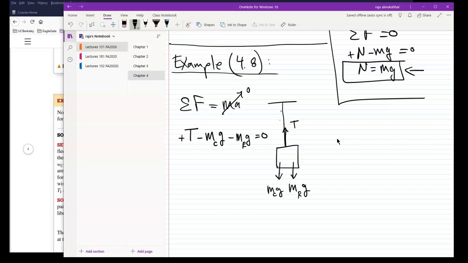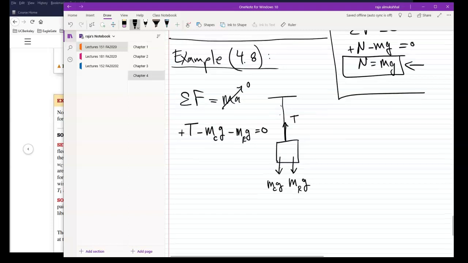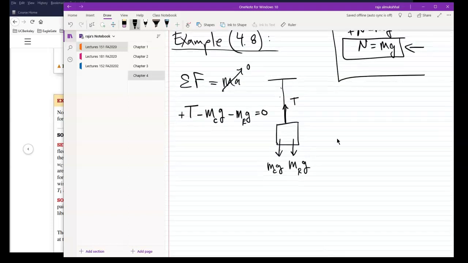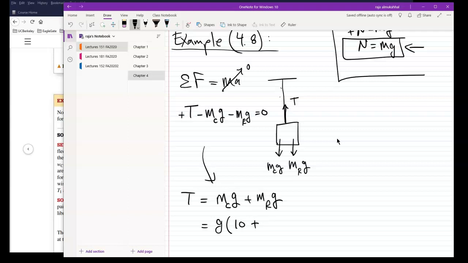He wants to know what the tension is in this case. Would the tension be more or less? Should be more, right? So in this case, the tension is equal to the weight of the chain plus the weight of the reflector. Then just add them together. You can put g as a common factor if you want. The mass of the chain is 10, plus the mass of the reflector, what is it?